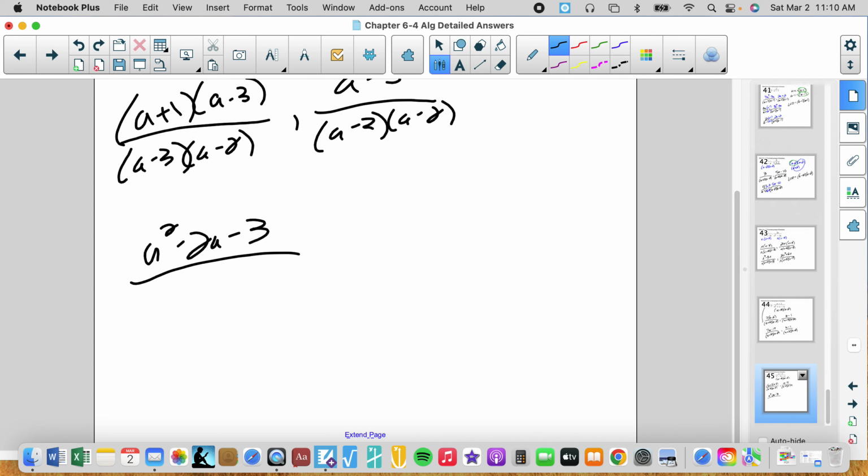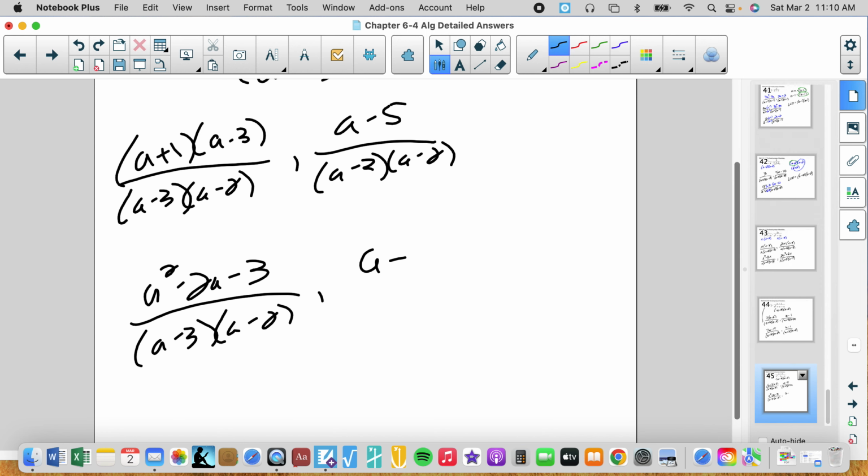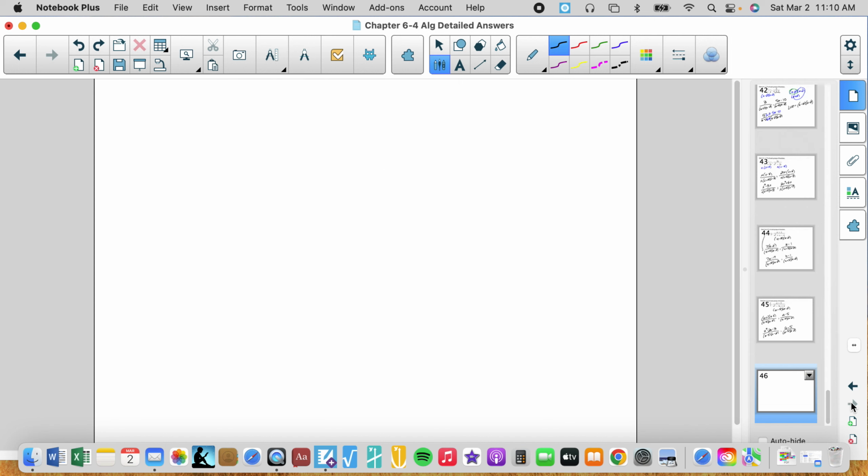Could you multiply that binomial that fast? Hopefully. A minus 3, a minus 2. So we just did that. We again show that we're constantly doing these in less than 60 seconds. All these problems should continue. That type of efficiency is paramount. Good luck.